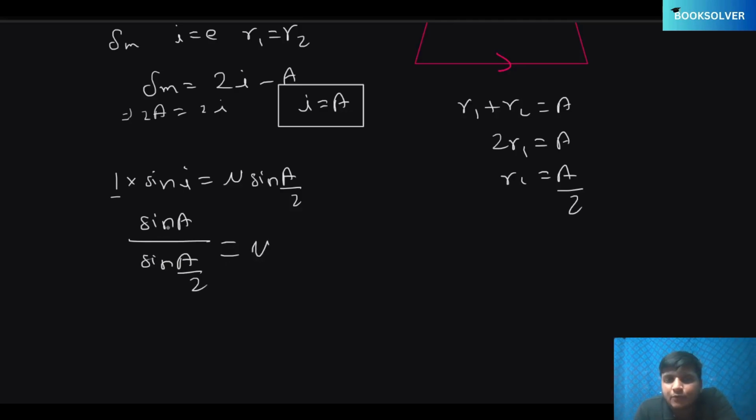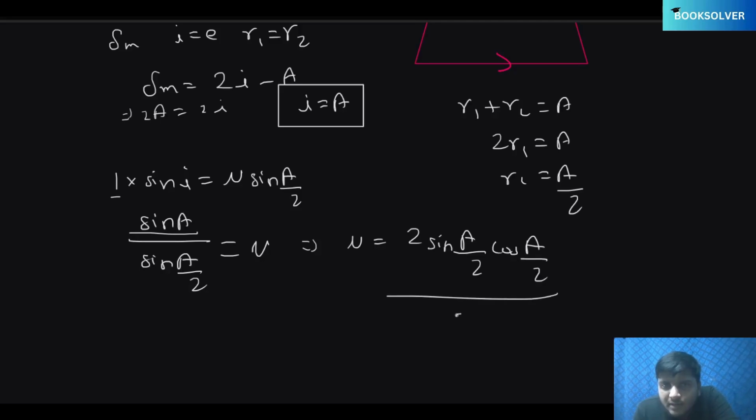If you look at this properly, we can break sine A into 2 sine A by 2 into cos A by 2. So mu equals 2 sine A by 2 into cos of A by 2 divided by sine of A by 2. If we divide this, we will get that mu is equal to 2 times cos of A by 2.